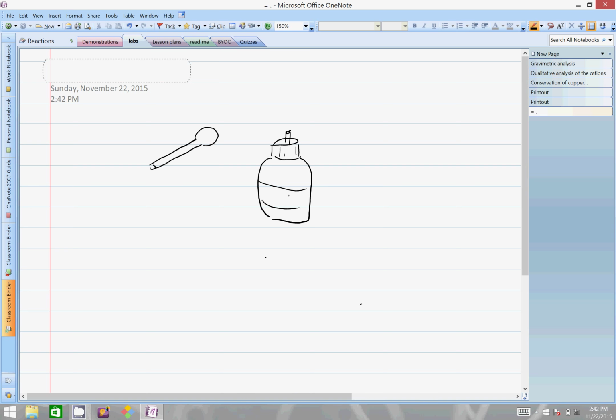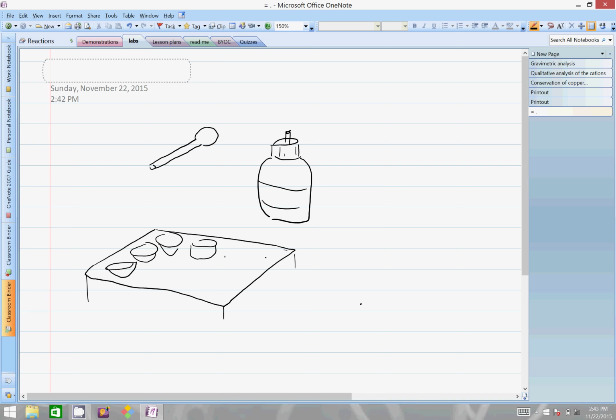Then, because this is a micro lab, we would use what's called a micro well plate, and it's probably about the size of your palm. The ones we have have relatively round dips in them, and there are a bunch of them, maybe 15 spread throughout this particular plate.